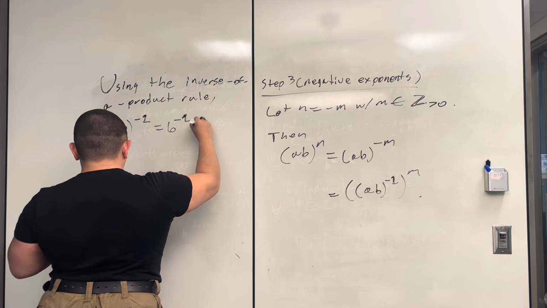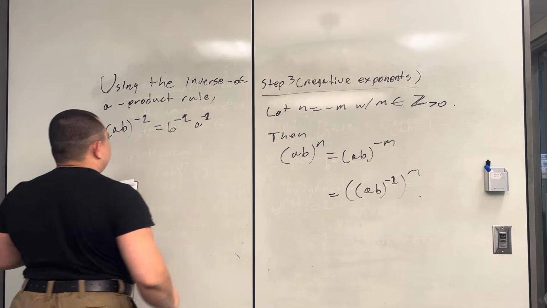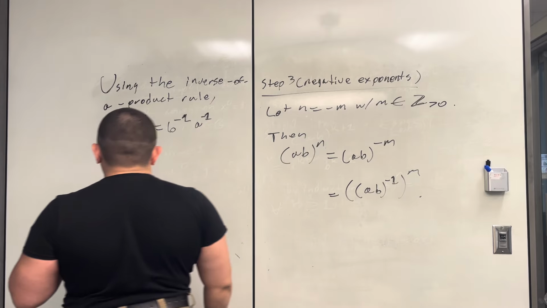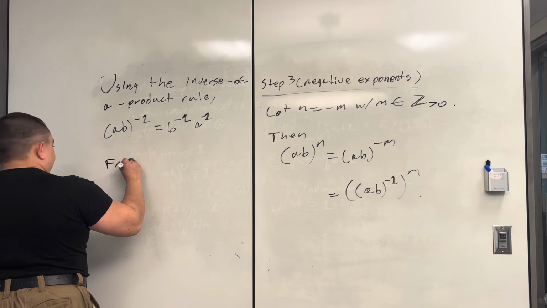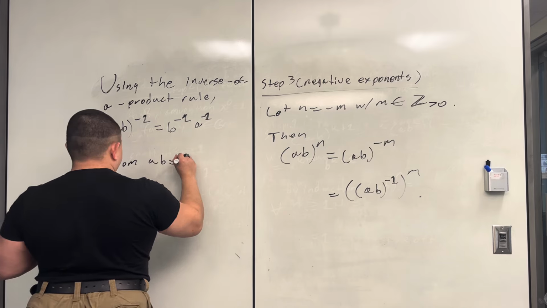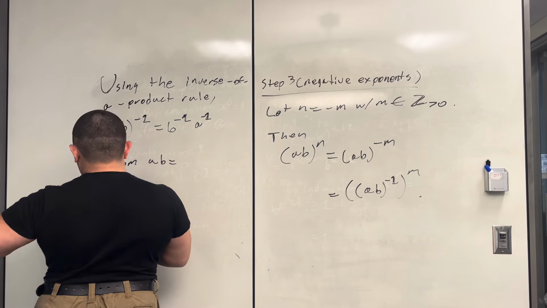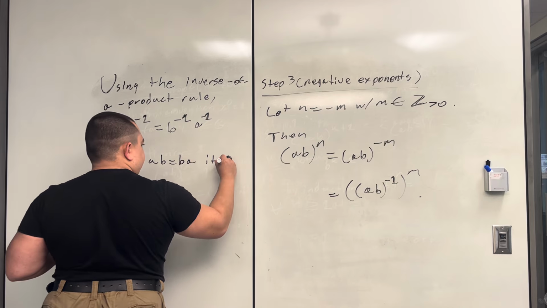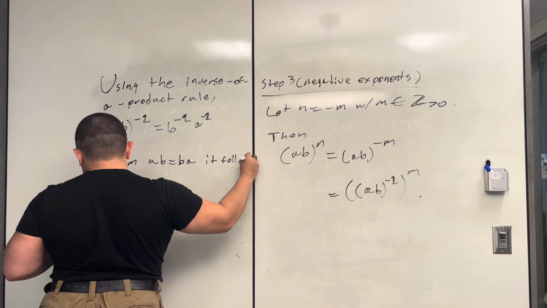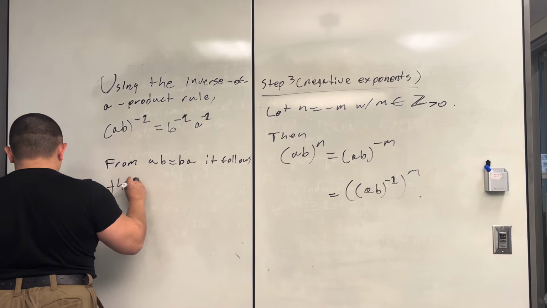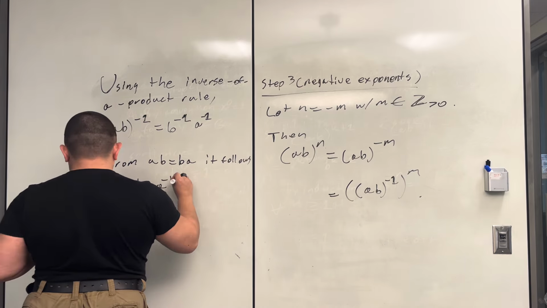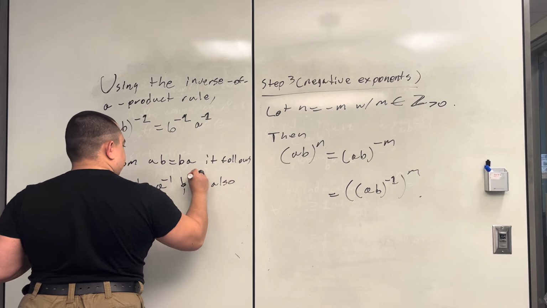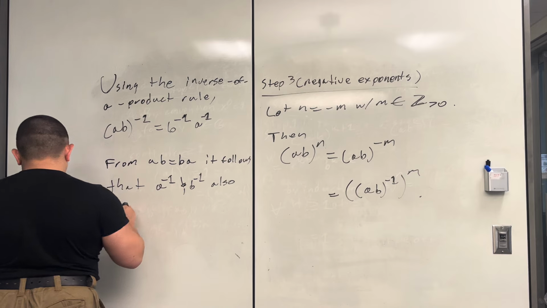We had that with the UV earlier, but in this case we're using AB. So from the fact that AB is equal to BA, it follows that the inverse of A and the inverse of B also commute.